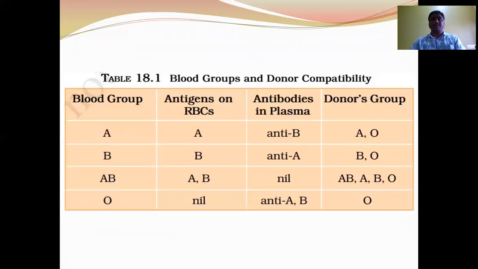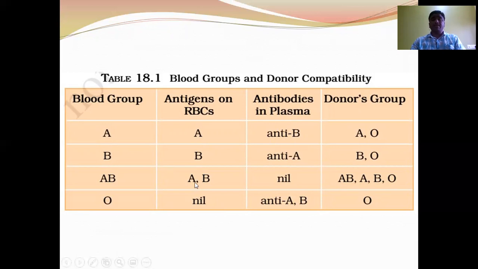Next, we'll see there are four blood groups: A, B, AB, and O. A blood group person contains antigen A on the surface of RBC and antibody B in the plasma. And a B blood group person contains antigen B on the surface of RBC and antibody A in the plasma.